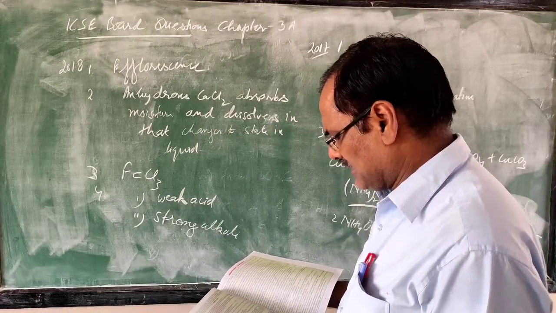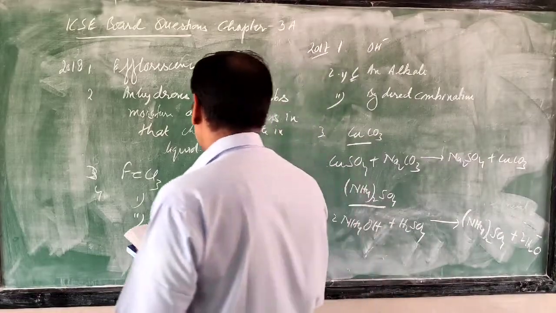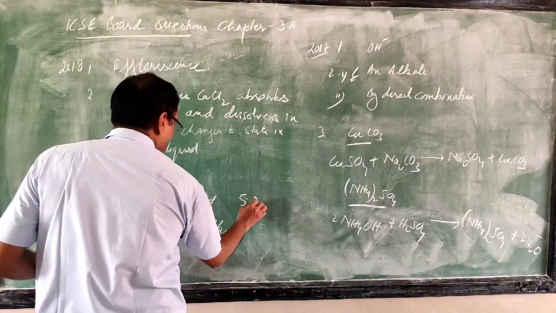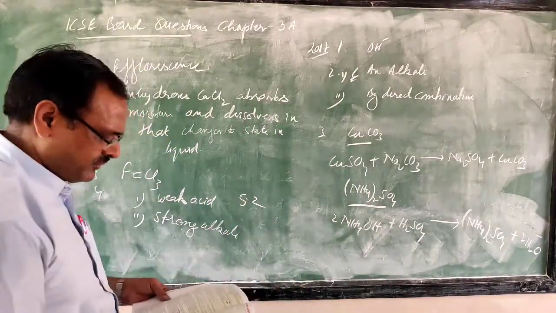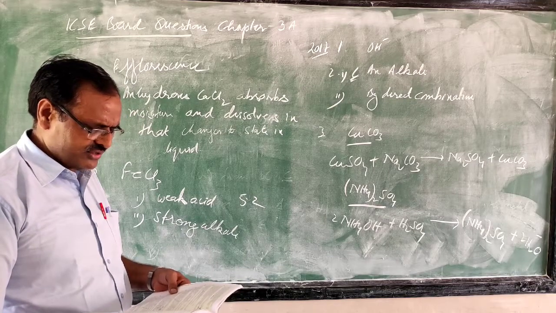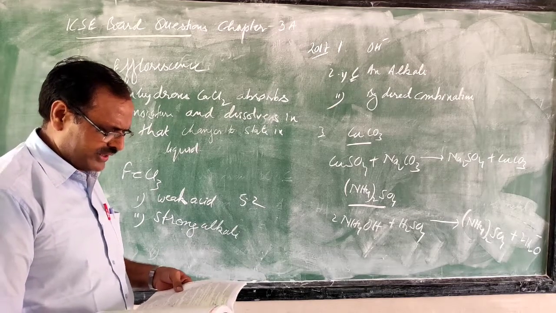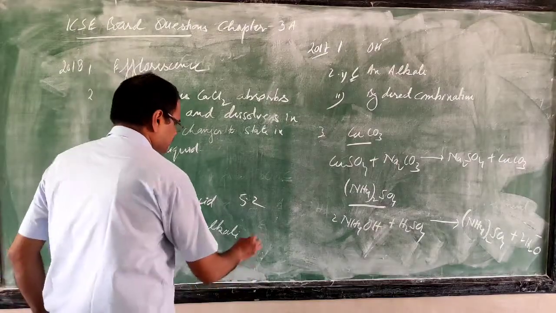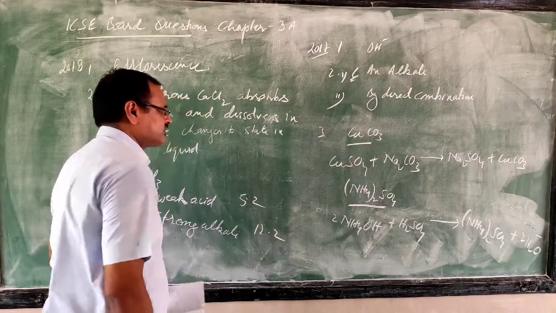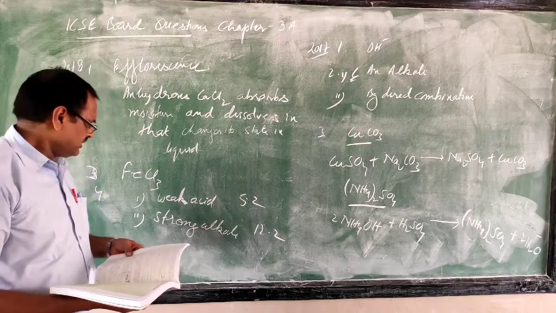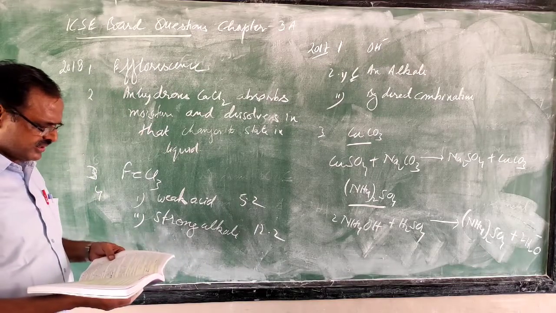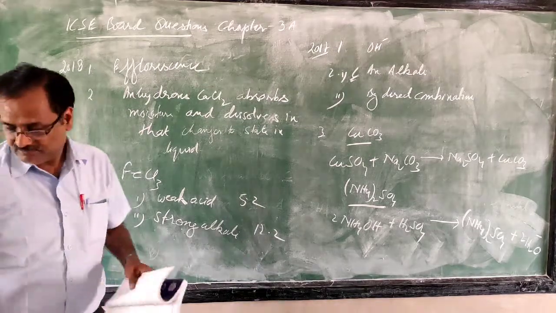So just see the pH, that 5.2 will be the weak acid, and strong alkali is 12 to 14. So this value is given, 12.2. So 12.2 is the strong alkali. Now this fourth one is over.